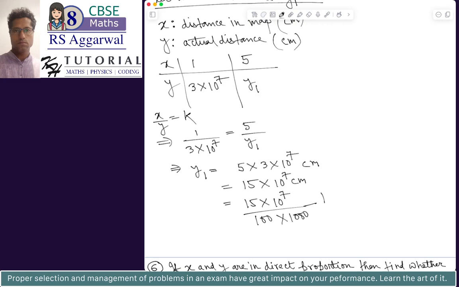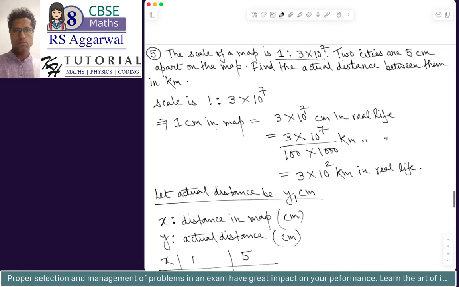So this will be this much kilometer, which is equal to, after cancelling the powers of 10, 15 multiplied by 10 square kilometer, which is equal to 1500 kilometer. So the actual distance between the two cities is 1500 kilometer, whose distance in the map is 5 centimeter.